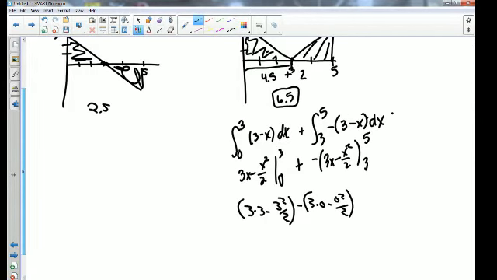If you don't want to put 0 evaluations in there, don't worry about it. I put it here just to show you. Normally I wouldn't write this. That has to be in big parentheses because that negative has to travel. But if you do all that work, you're going to get 6.5.